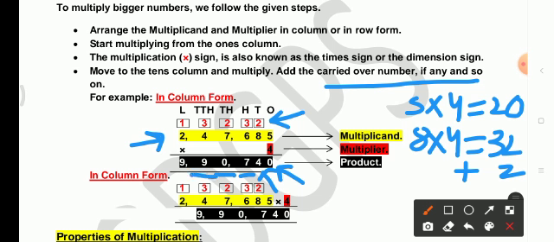We will write 9 here and 1 is carried over to the lakhs place. Then at last we have 2 multiplied by 4, that's equal to 8 plus carried over 1, and that is equal to 9. So we got 9,90,740. I hope, students, this is clear to you all.